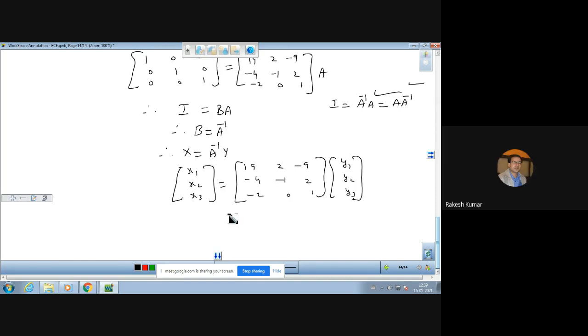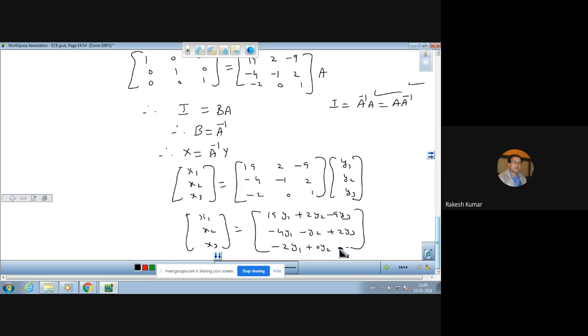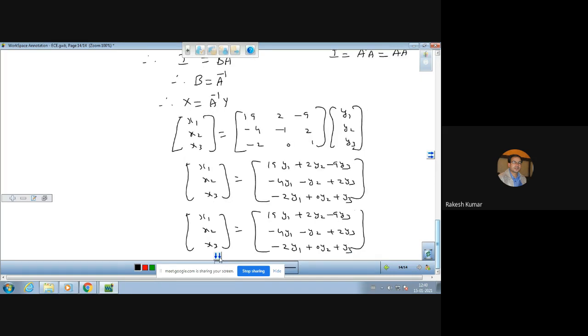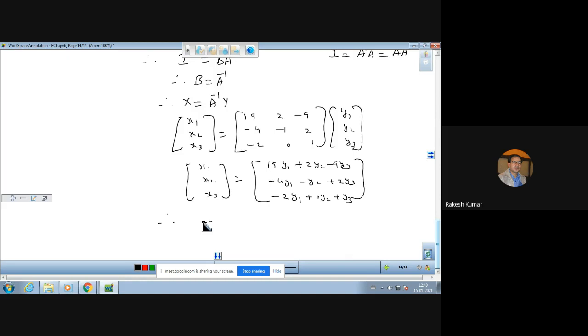So let us operate now. And it comes out to be x1, x2, x3, and operate the first row with this column. So that will be 19y1 plus 2y2 minus 9y3, minus 4y1 minus y2 plus 2y3, and in the last row we shall have minus 2y1 plus 0y2 plus y3. So you can write down the inverse transformation.